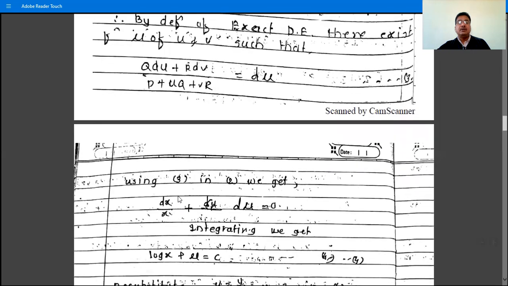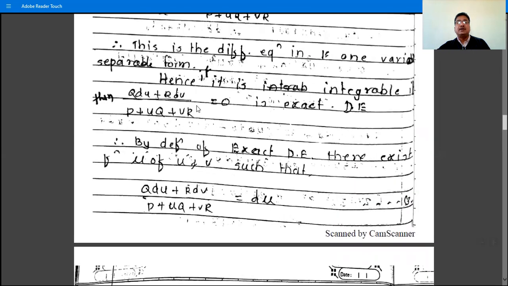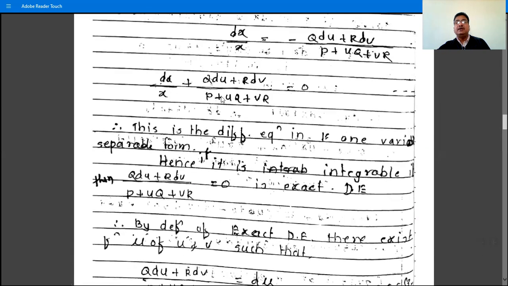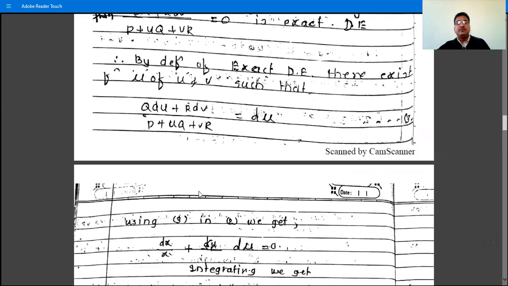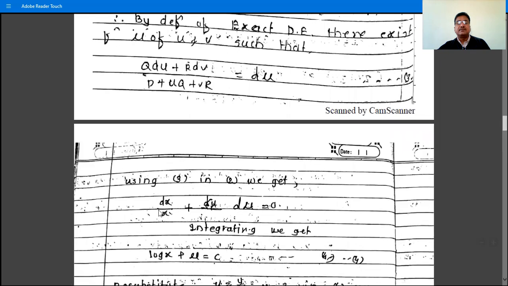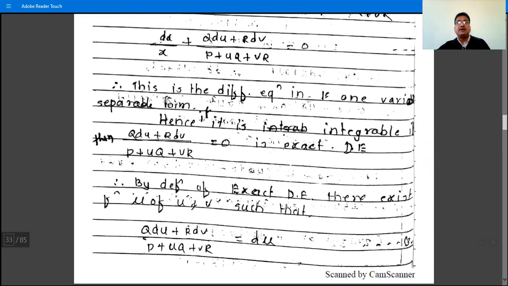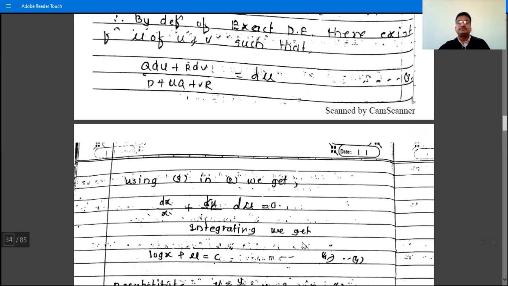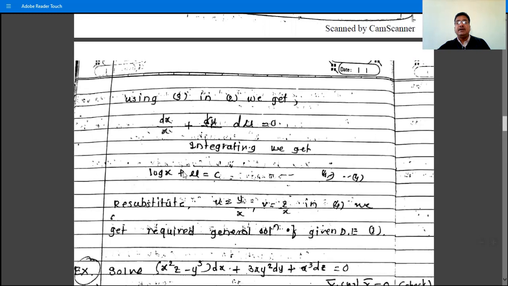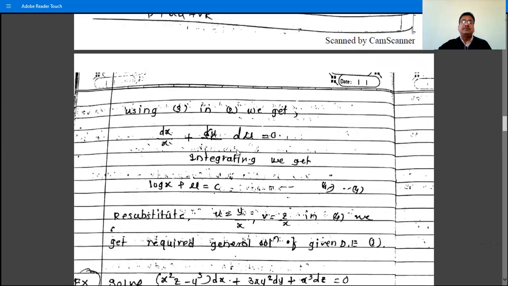And so if we write the value of this quantity as d mu in this equation number 2, then we have the equation dx by x plus d mu is equal to 0, and integrating we get what? The integration of 1 by x is log x, plus the integration of d mu is mu, is equal to constant, and this is the solution of that equation.